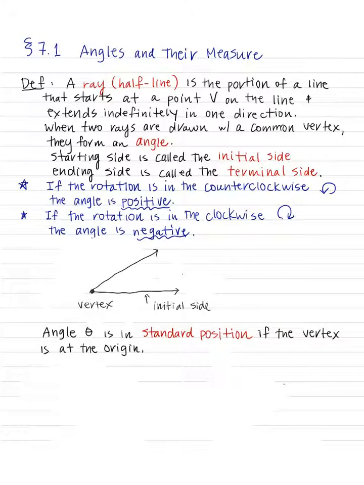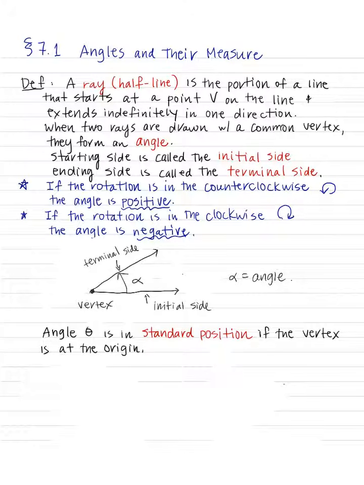Now, this side is called the terminal side. And our angle alpha is in between these two. Let me just write alpha is the angle. And we say that the angle theta is in standard position if the vertex is at the origin.